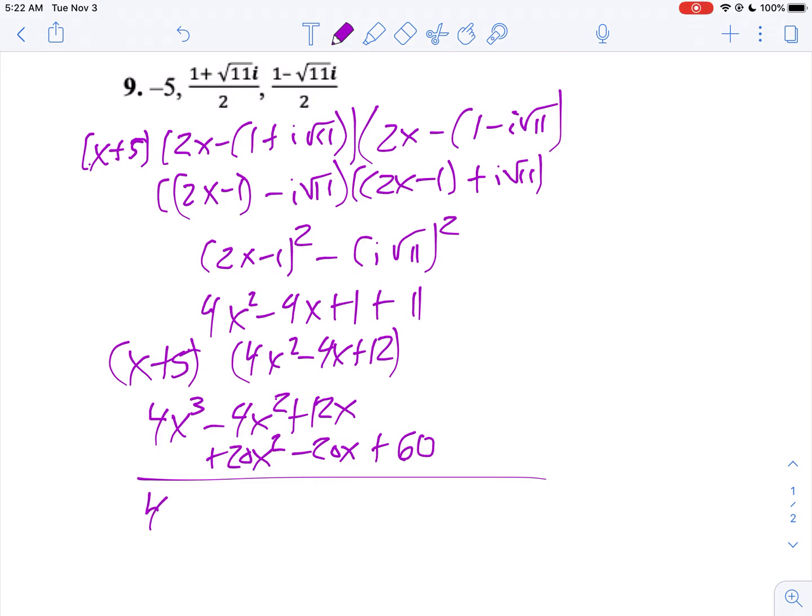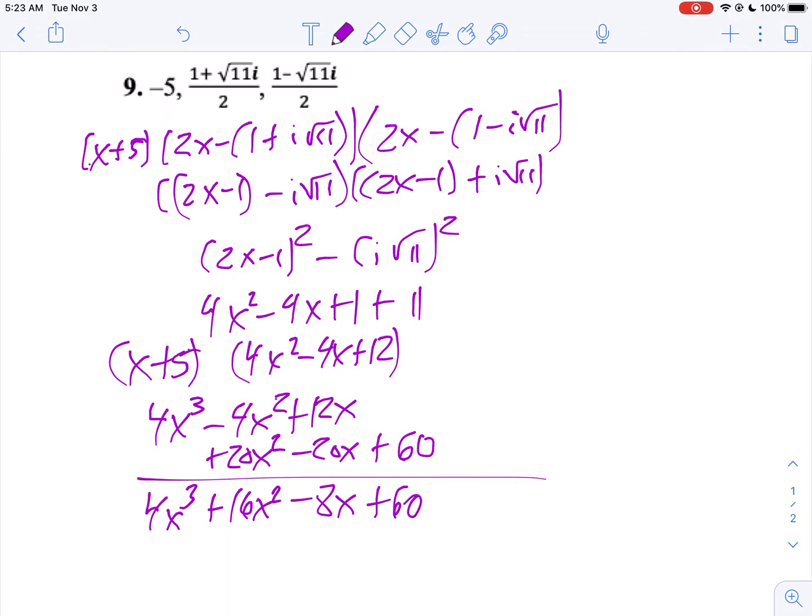So we get 4x cubed plus 16x squared minus 8x plus 60.